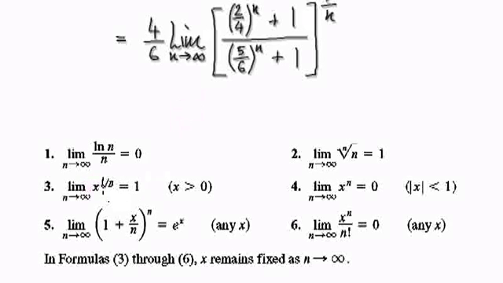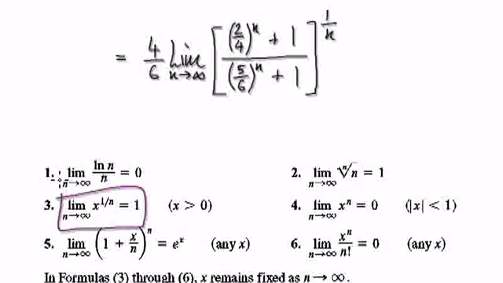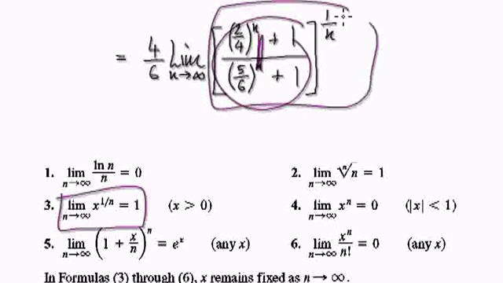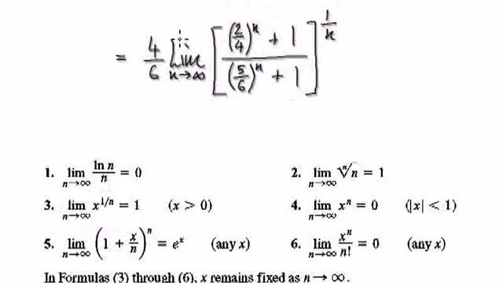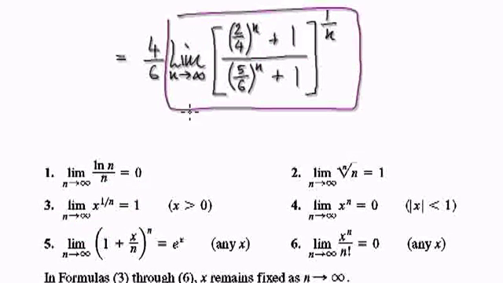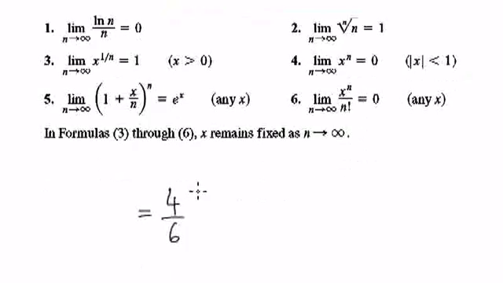But here, because x is greater than 0, we can make use of this. So this being 1, the whole thing here will head towards 1. So this whole block is actually 1. Now 1 times this thing will give you this thing. So the limit is really 4 over 6.